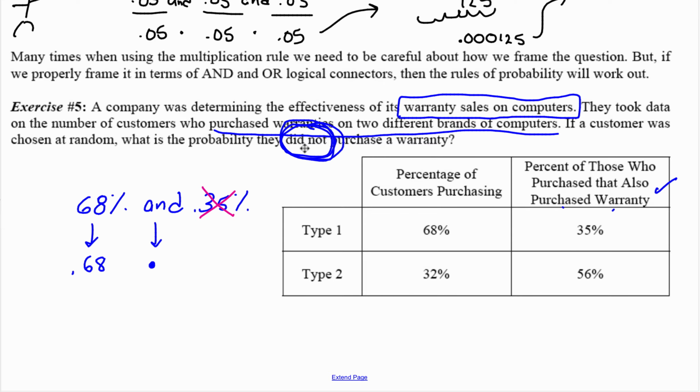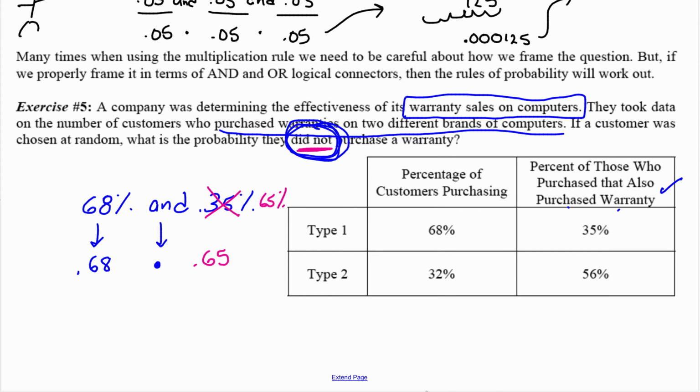I want to figure out who did not purchase a warranty, so that means 65% didn't purchase a warranty. So I'm going to multiply those together. I get 0.442. Now I have to look at type 2.